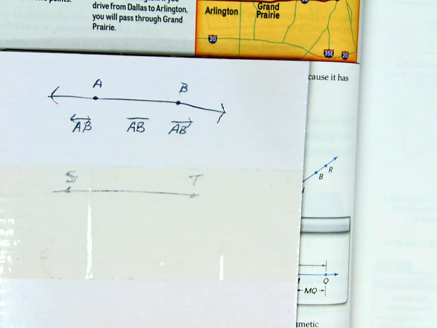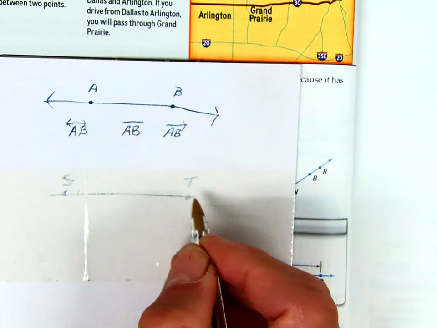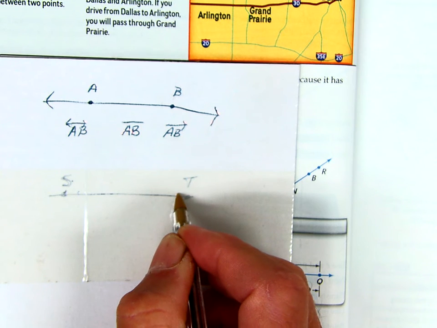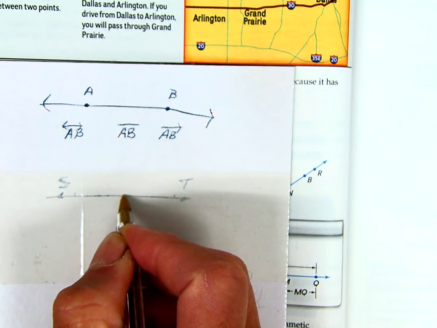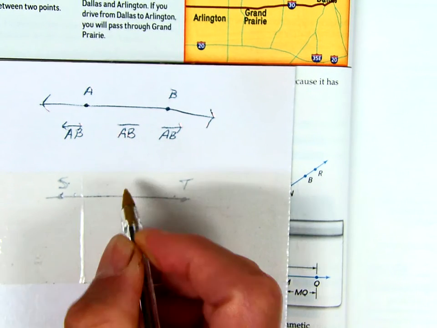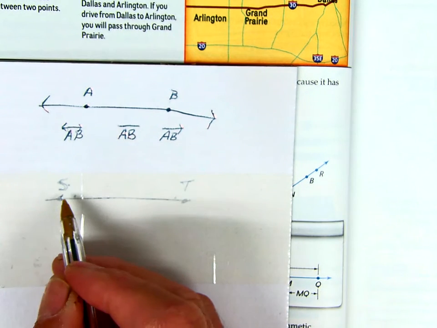Anywhere in between. Point P could be right here, right next to the S. It could be right here next to the T. It could, in fact, be exactly in the middle. But the term betweenness just means it's somewhere in that range from S to T.